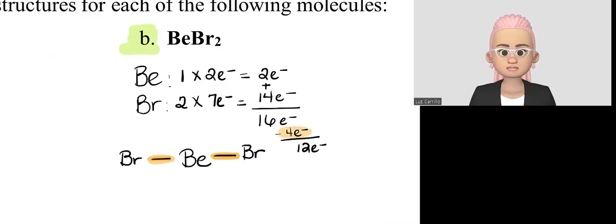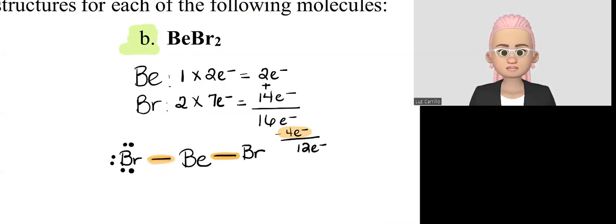I have to complete the octets of the most electronegative elements. That's another way to say complete the octets of the outside elements first. So if I complete the octet of the bromine on the left, it needs 2, 4, 6, and then these 2 that it is sharing, so it has 8 electrons.